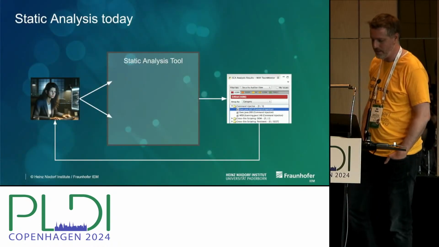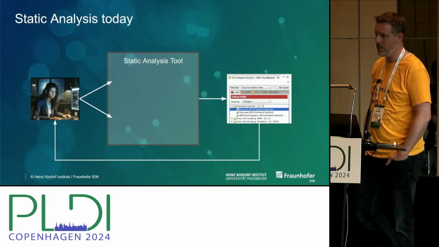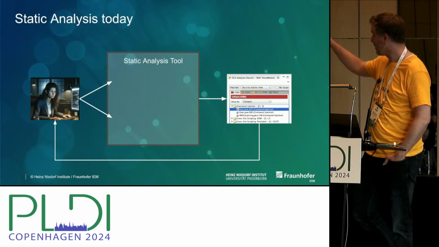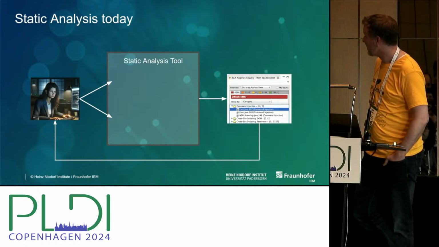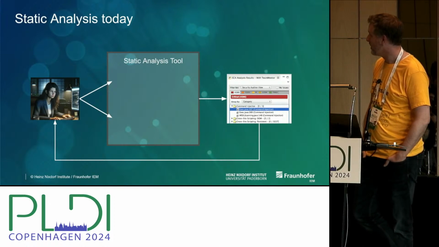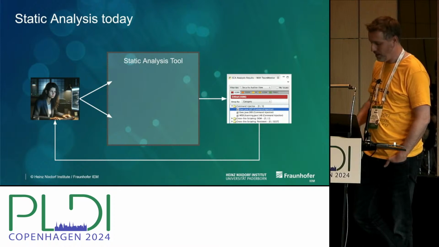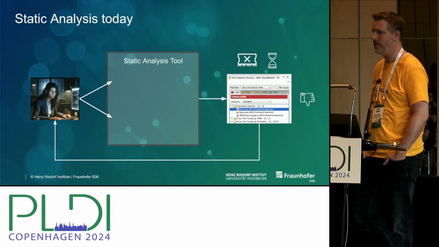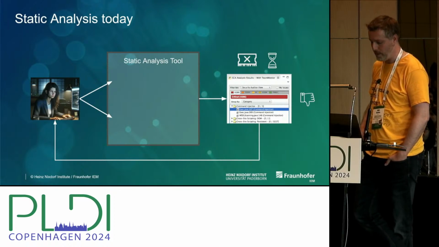For the last years I've been very heavily working on static analysis, and a typical scenario is what you see in this picture. This is Lisa, and Lisa is trying to use a static analysis tool to evaluate some software for security. But she's not very happy because the tool typically gives a bad signal: it has lots of false warnings, false positives, it's slow, and it uses a lot of memory.